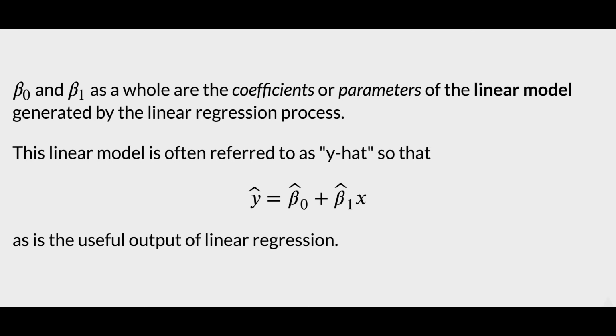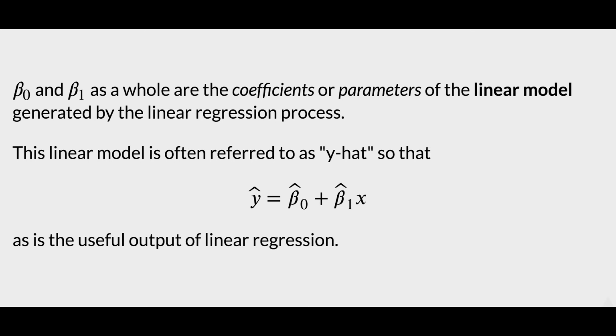We'll often refer to this model as y hat, so that y hat equals beta hat 0 plus beta hat 1 x. And this is the useful output of a linear regression. The reason we're putting a hat here is because y is only being approximated. We can't know the actual model. We're putting a hat here because this is our approximation.